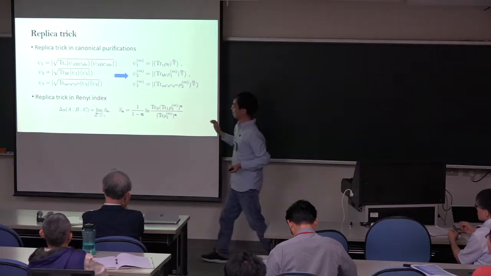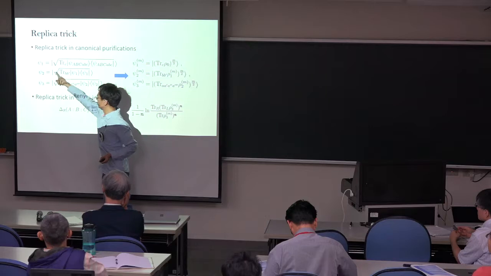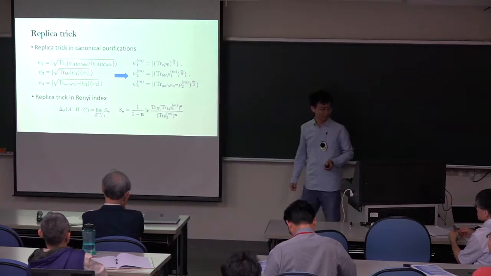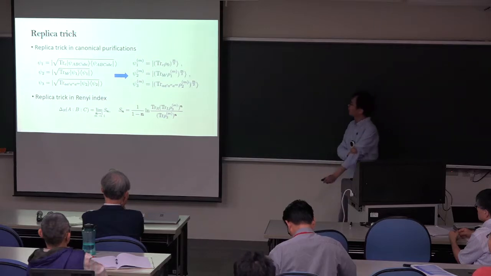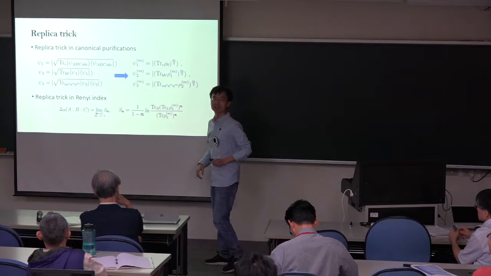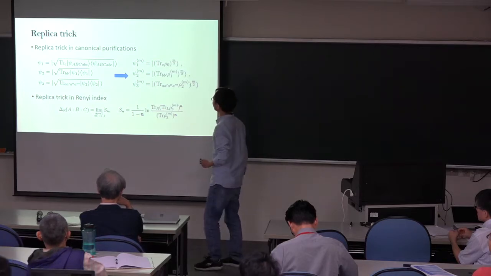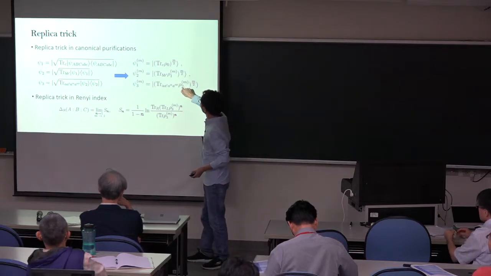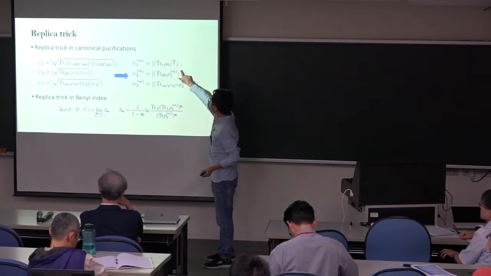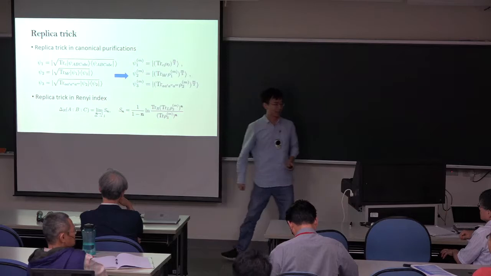Now there's a funny gluing process associated with this square root of canonical purification. As we learned from entanglement entropy computation, whenever you have some sort of path integral gluing, you can always make use of the replica trick. So here we did the same thing. We just extended the square root, which is a half, to m over 2, where m is an integer.